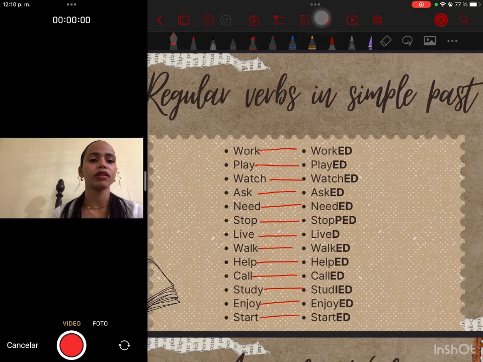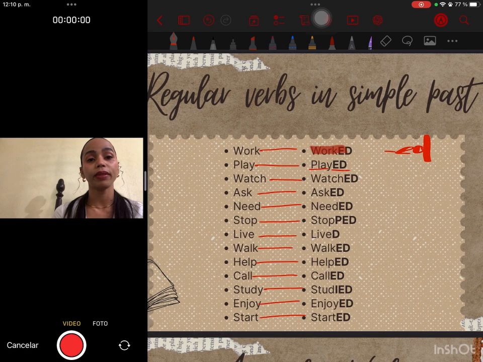Start is started. Well, we can see some spelling rules. Work is a verb ending in a consonant, so just add ed for the simple past.